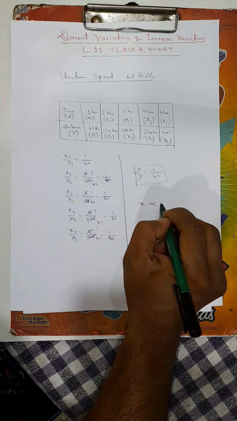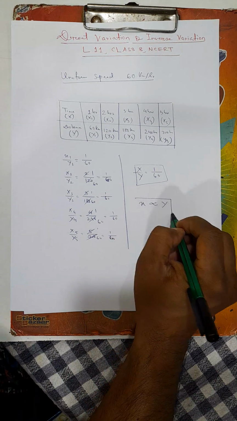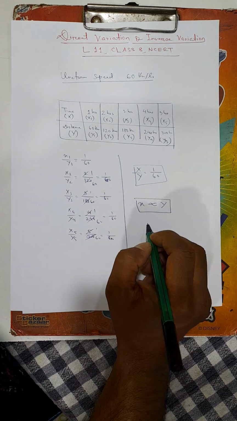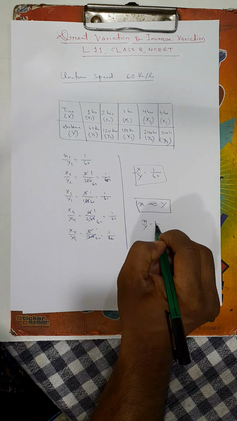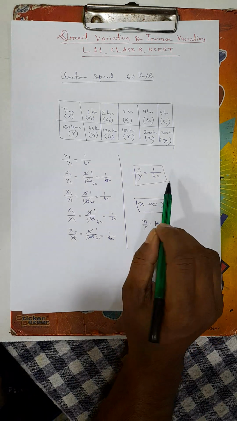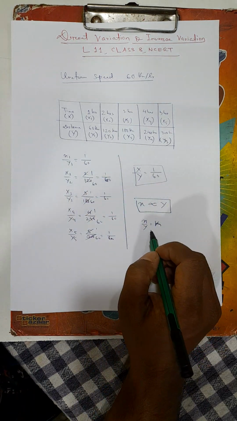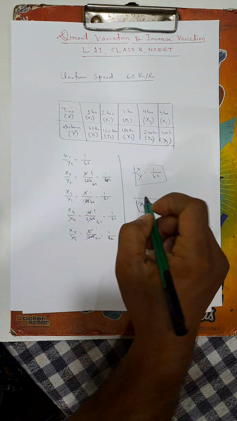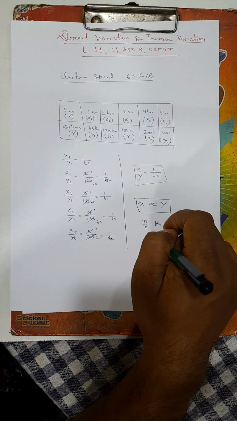Mathematically we write it as x is directly proportional to y. This is the proportional symbol. That means x by y equals k, where k is a constant. In this particular example, k is 1 by 60. So when two quantities are directly proportional, their ratio is always a constant.